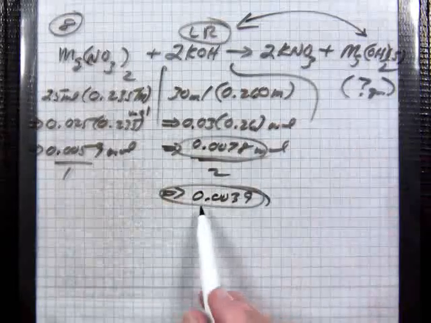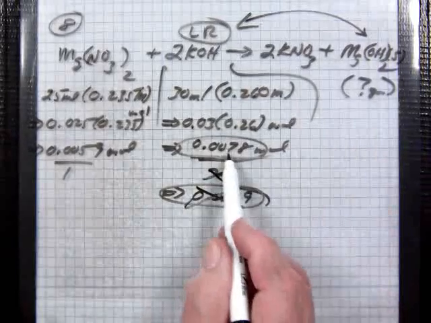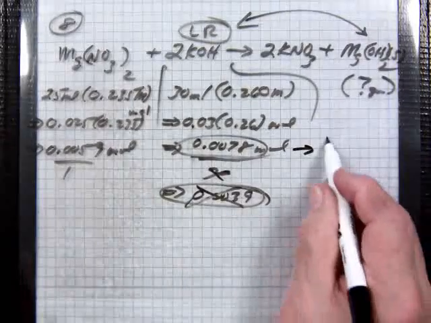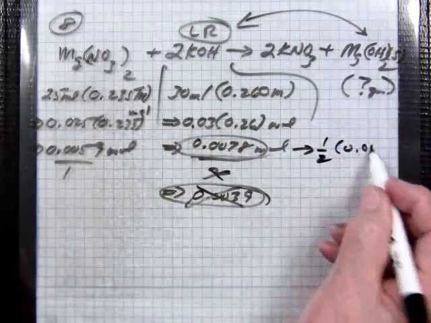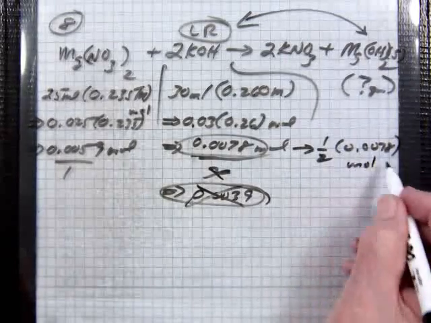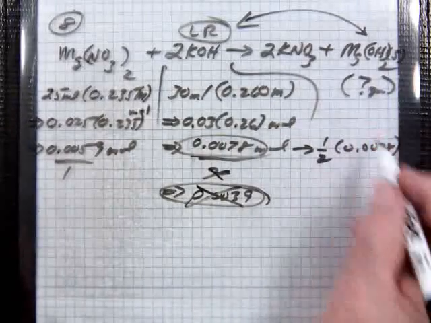So if we're using, we don't need it anymore, you go back up here. So you use 0.0078, will give 1/2 of that of the magnesium hydroxide. Running out of space here.